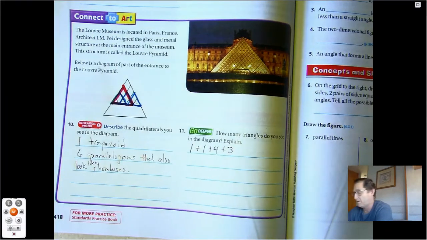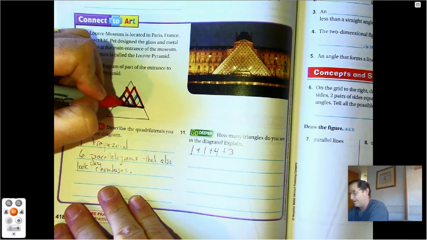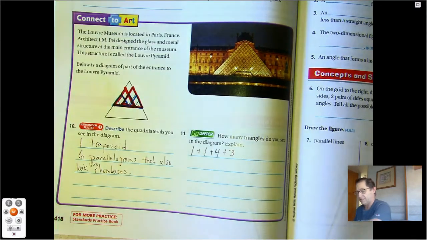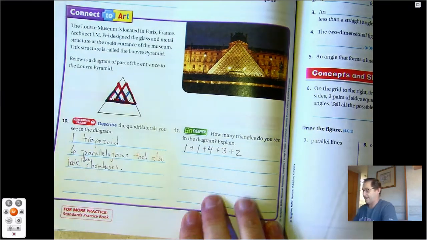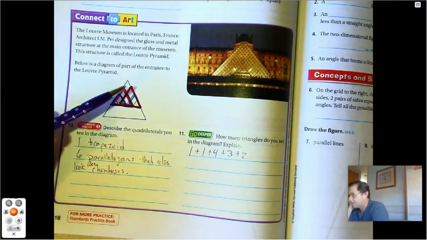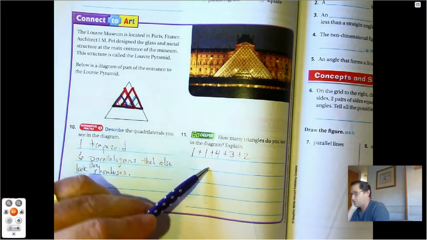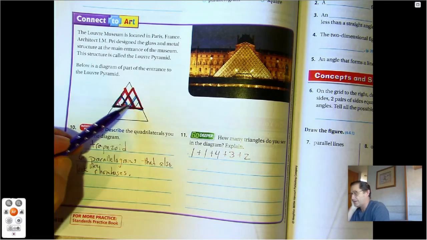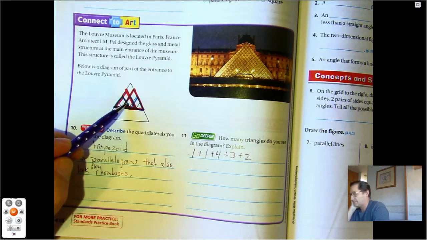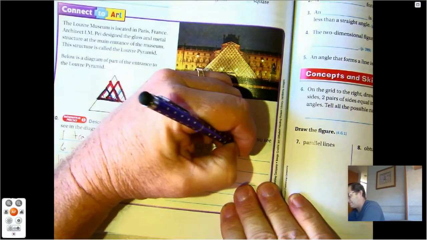That's 1 more, and then also that way. So that's 2 more. So what is that? We have 1, 2, the 4 little ones, 6, the 3 that we have in the middle, that's 9, and then the 2 red ones, 11. So 11 triangles.